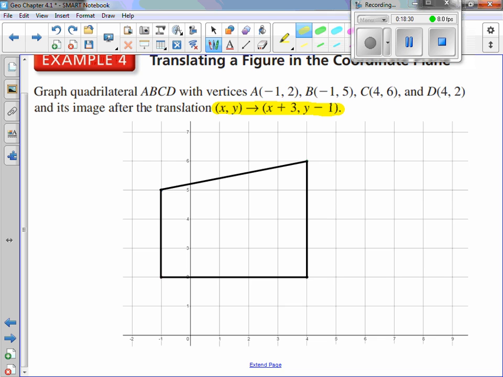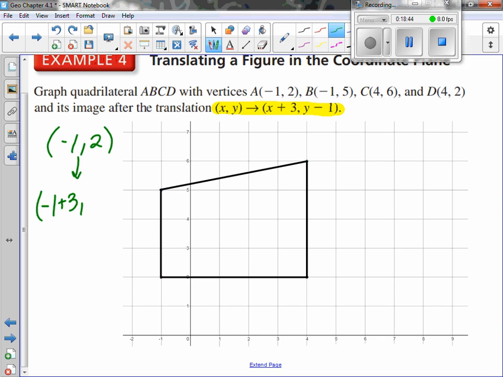And we can do this with each point. I'll do it with A. So if I used A in this, negative 1, 2 is being translated. Well, we'd have negative 1 plus 3 comma 2 minus 1. I just plugged in x and y because my x, y value was negative 1, 2. So we translated to x plus 3 comma y minus 1.